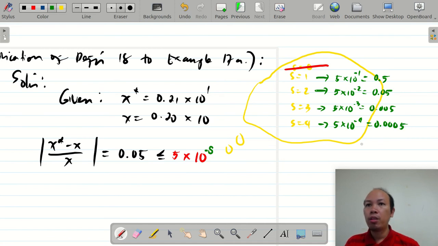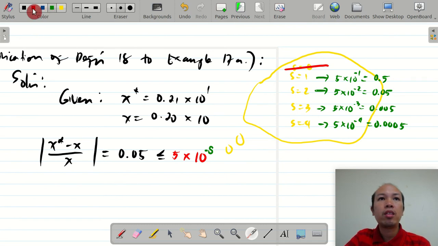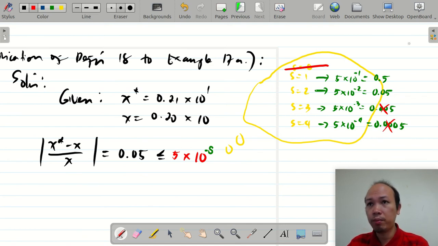Okay, which of these four numbers satisfies this inequality? As you can see here, this one fails. Again, we know that 0.005 is not greater than. So this 2 is the candidate.